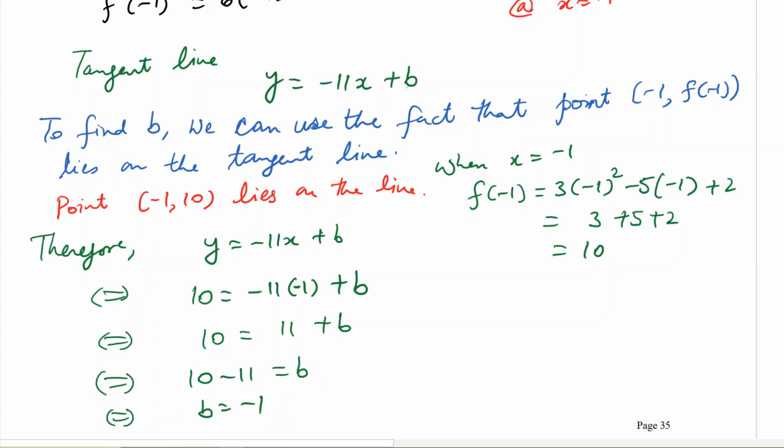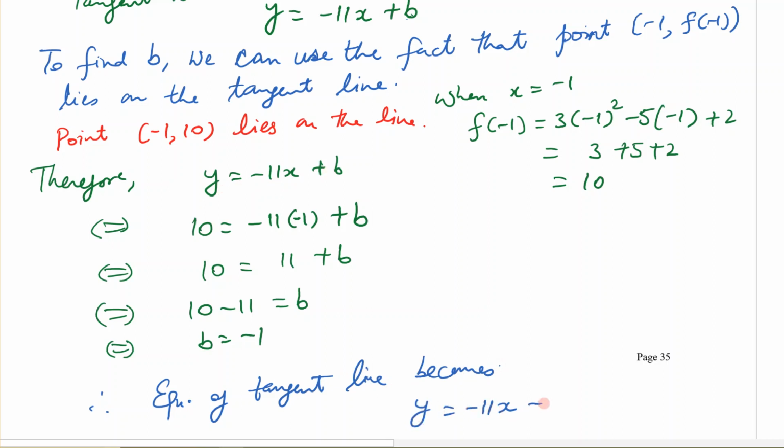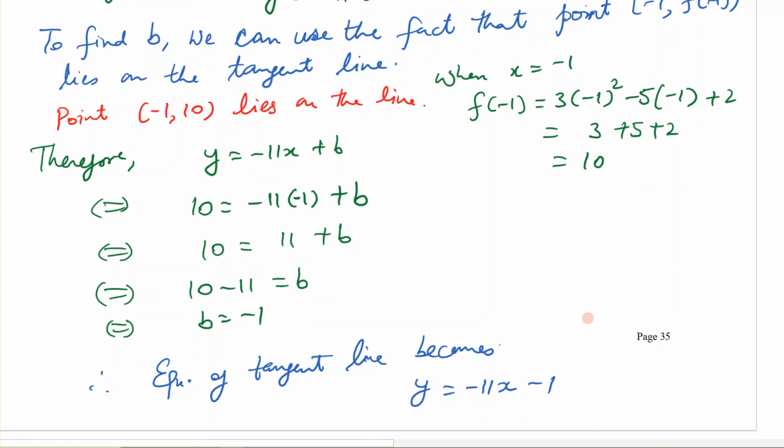Now we put this value back, and the equation of the tangent line becomes y equals -11x minus 1. This is the required equation of the line that we were looking for.